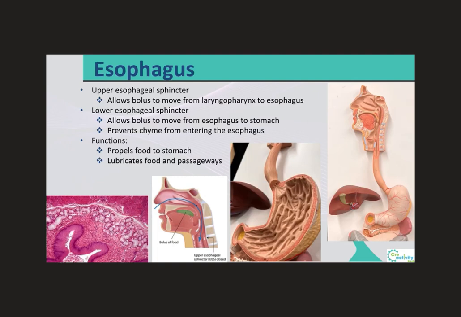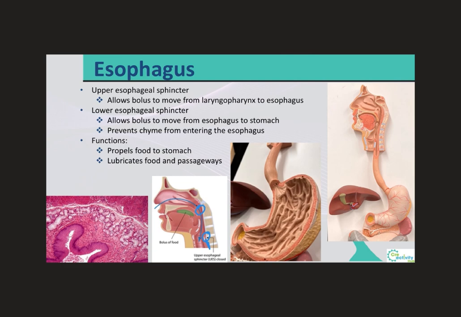Next, we have the esophagus, which is basically this muscular tube that connects the pharynx to the stomach. As we can see over here, the upper esophageal sphincter will control the movement of food from the pharynx into the esophagus.